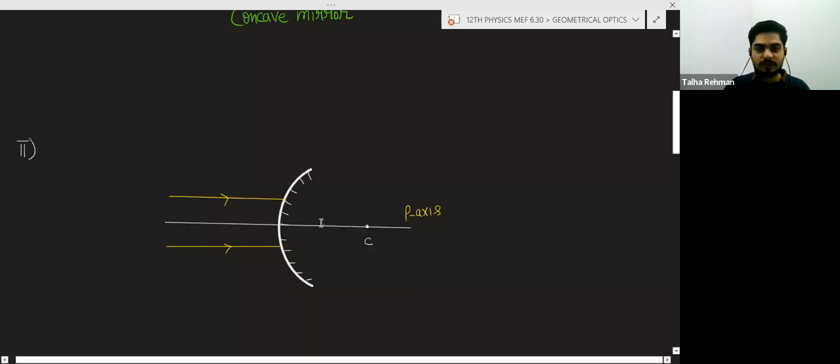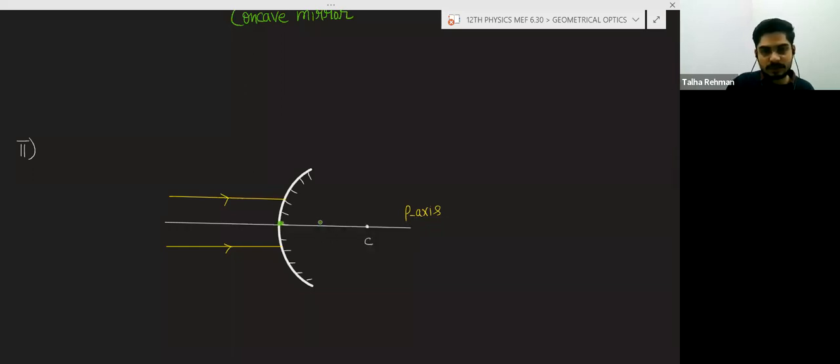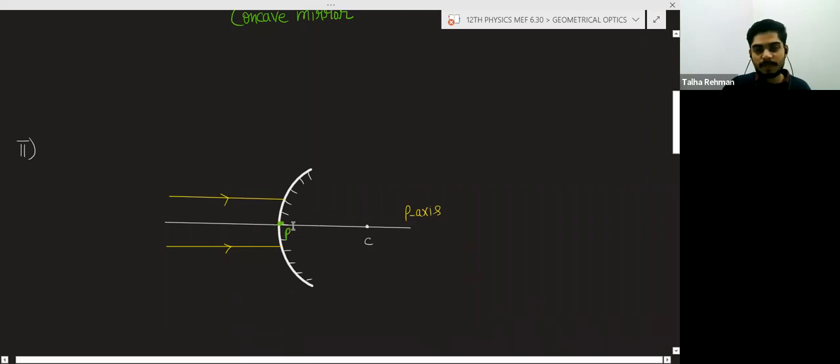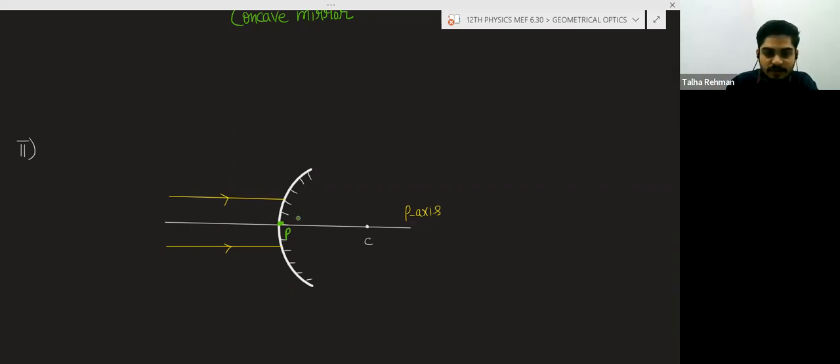This is the pole, this is the center of curvature, this is the principal axis, and these rays of light are parallel to the principal axis. Now in this case the condition for the focus will change, because this is a convex mirror.